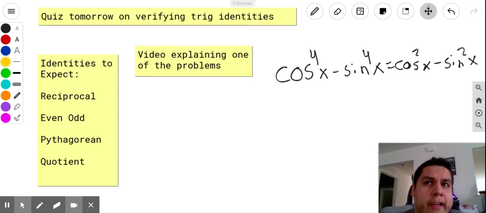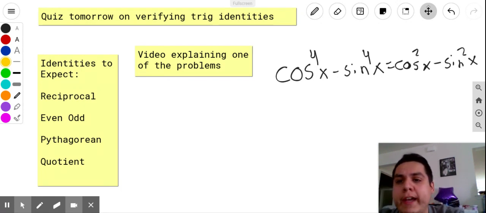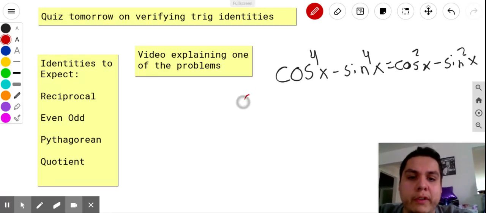So if I can factor that real quick, I think I can see where the cosine squared and the sine squared are going to come from. But if not, then let's see if I can work with what I have. So by factoring this, I'm just rewriting this into an equivalent expression.